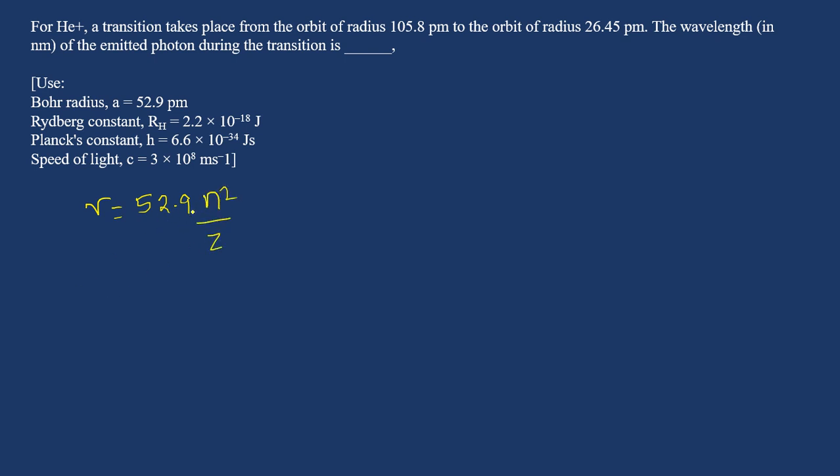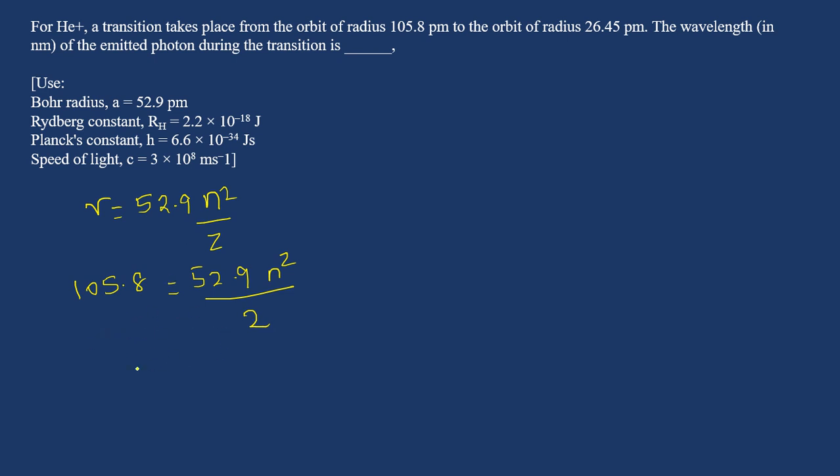Here I am using 52.9 because the units are given in picometer. Now I am using 105.8 picometer as the first step: 52.9 into n square divided by z, and for z I am using 2, because the value 2 comes from the atomic number of the helium atom.